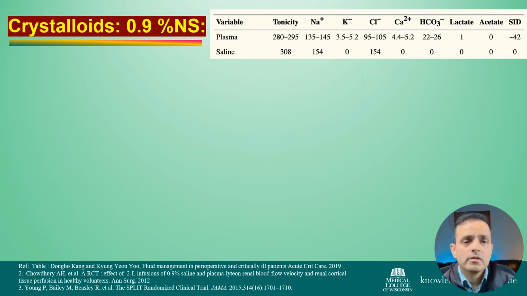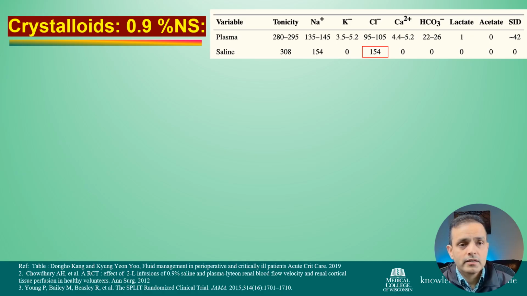As you can see here, normal saline has 154 of sodium and 154 of chloride. Sodium is a little bit more than normal, not much of a clinical significance, but that excessive chloride of 54 has a clinical significance. If somebody is getting normal saline, their bicarbonate tends to go down.